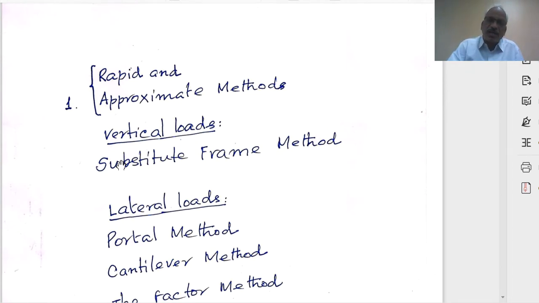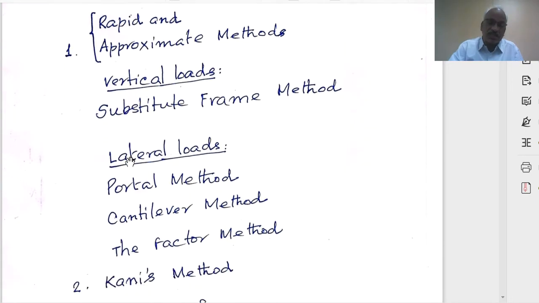If the building is to be analyzed for vertical loads, we can make use of substitute frame method. If the building is to be analyzed for horizontal loads, it can be done by portal method, cantilever method, or factor method. So these are rapid and approximate methods of analysis, right?